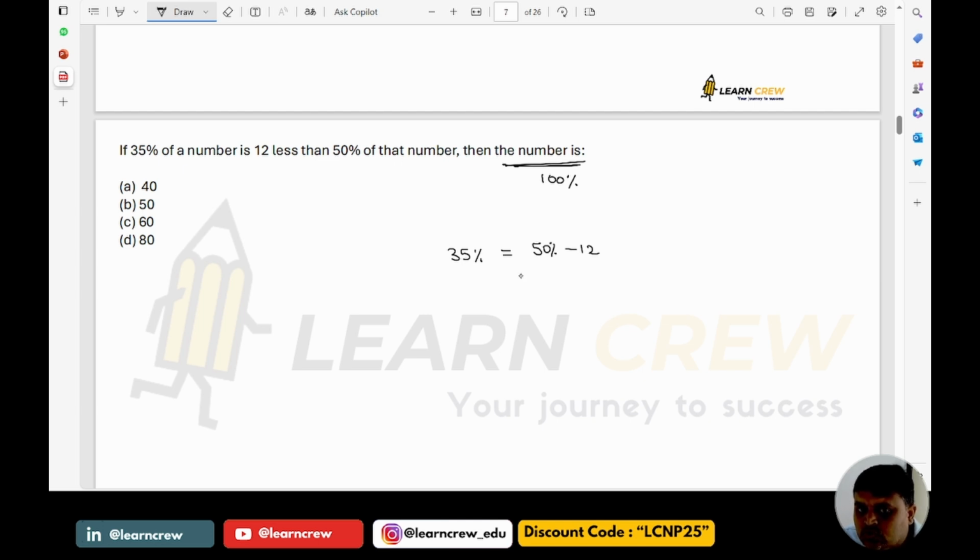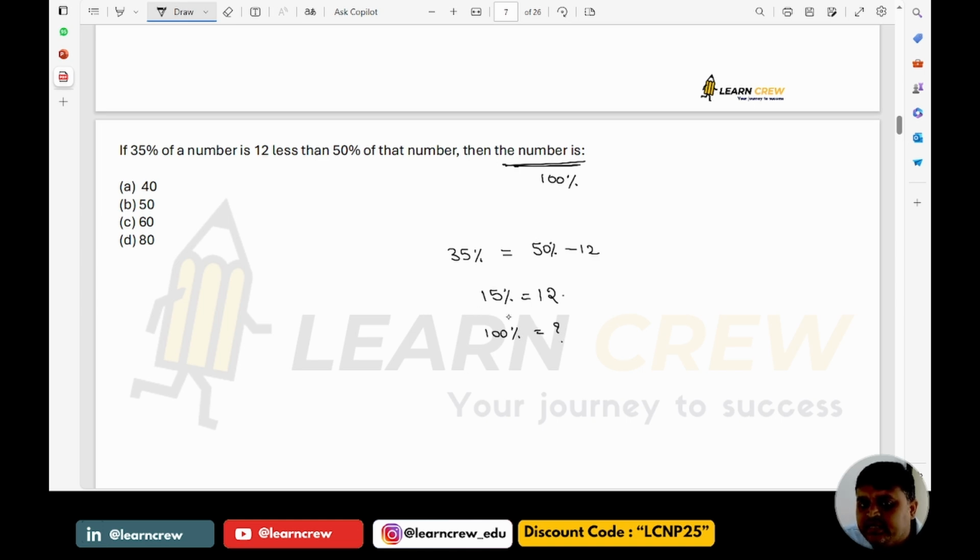If you bring the percentage values to one side, 50% minus 35% is 15%. The minus 12 goes to this side as plus 12. If 15% is 12, then that number, 100%, would be how much?